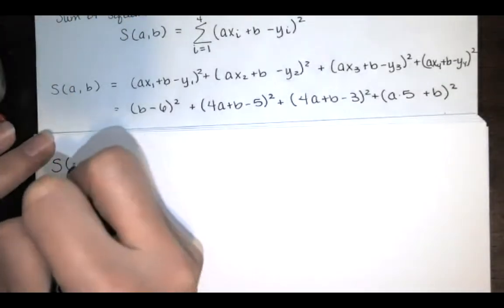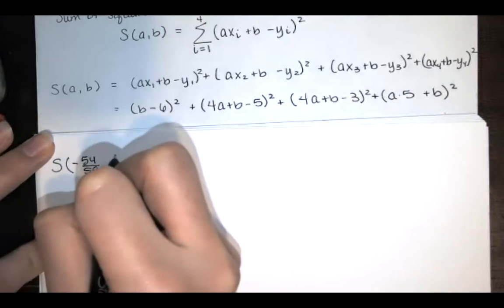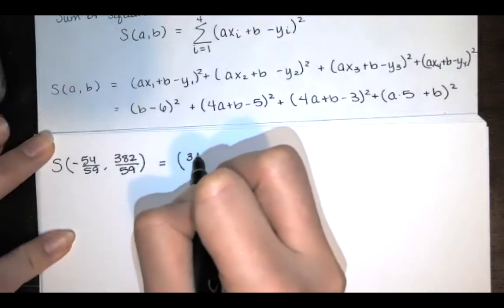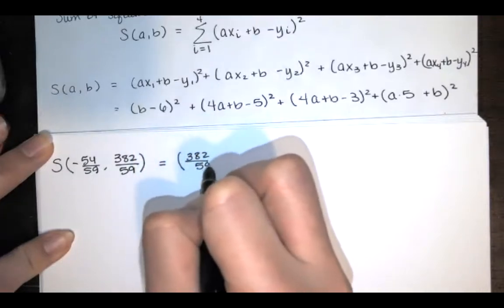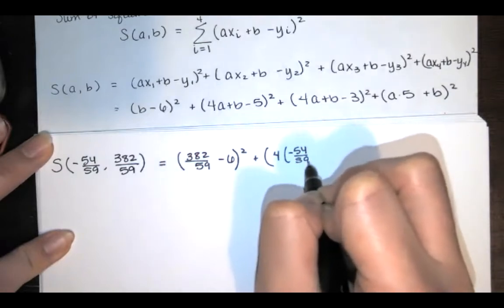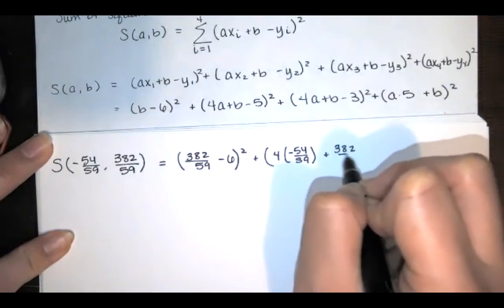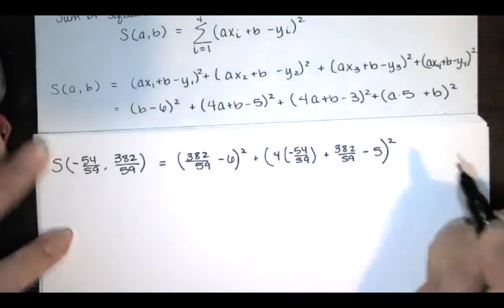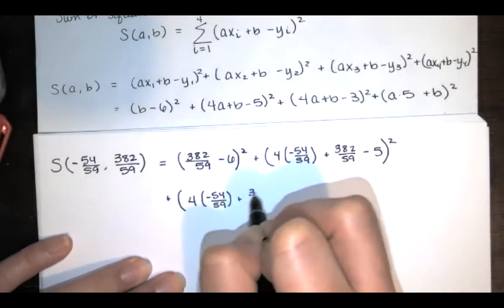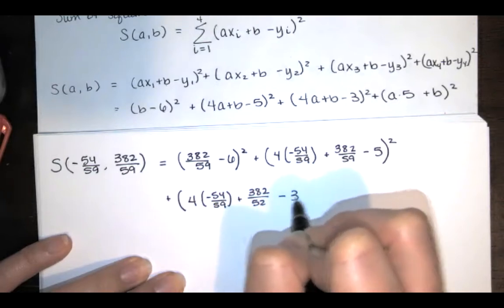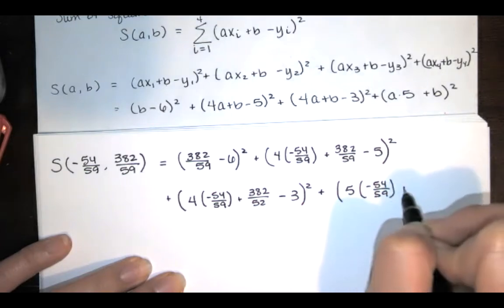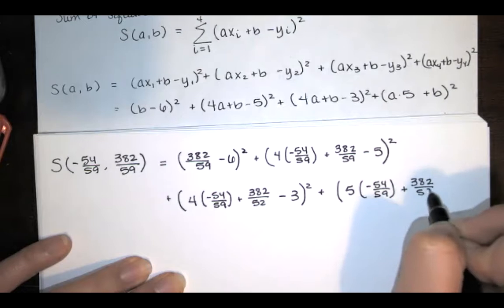S evaluated at A equals negative 54 over 59 and B equals 382 over 59 is going to be equal to our B value, 382 over 59, minus 6 squared, plus 4 times A plus B minus 5 squared, plus 4 times A plus B minus 3 squared, plus 5 times A plus B squared.